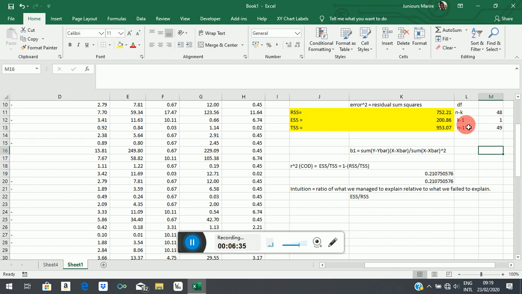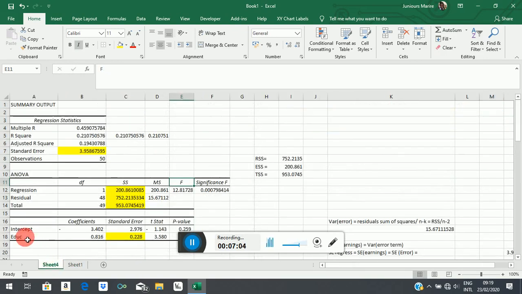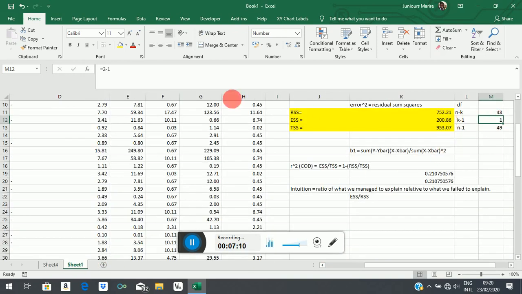Now notice here our explained sum of squares has only 1 degree of freedom. Remember, I said we can think of this in two ways. How many explanatory variables did we use to explain variation in earnings? We only used 1, and that's why we have the 1 there. If I had 2 variables in this regression, that is education and experience, then the situation would be different here, because then it would be 3 estimated coefficients minus 1, and it would be 2, right?